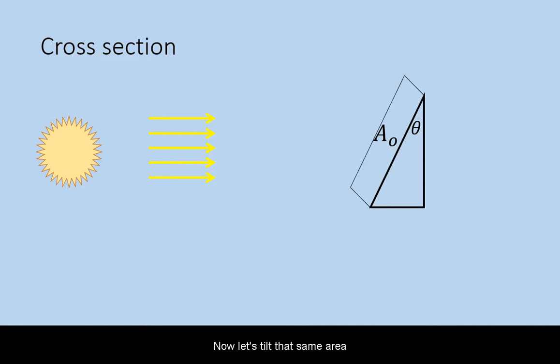Now let's tilt that same area away from the perpendicular to the incoming light by angle theta.